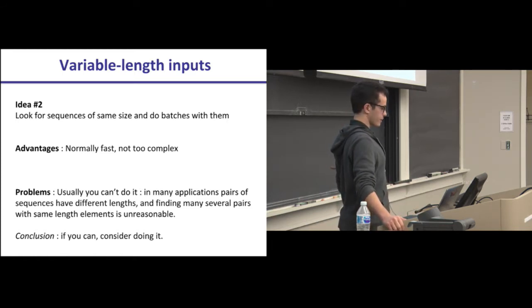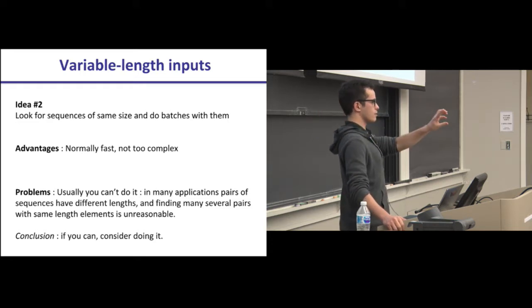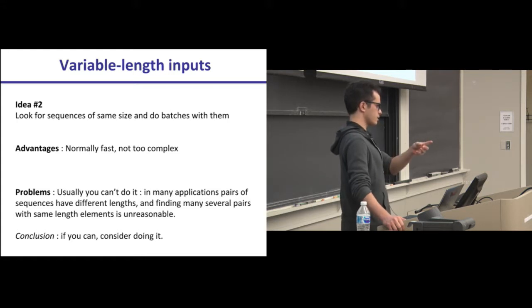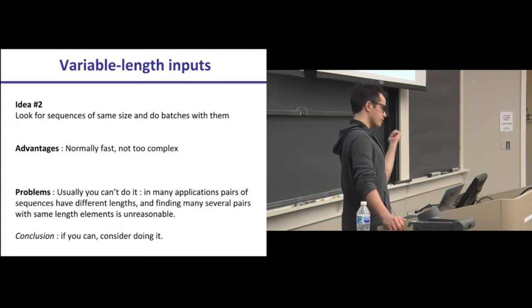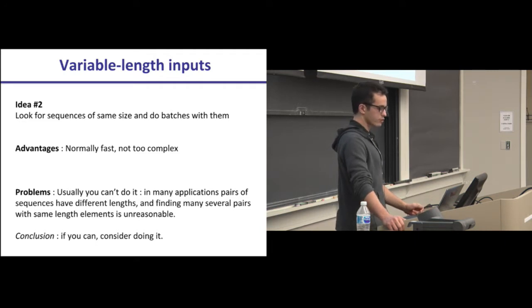The problem is if you're in one of the cases I mentioned before, where you've got input and output sequences that are not of the same size. Even if you have found inputs of the same size, you have no guarantee that the labels will be sequences of the same size either, so you end up with the same problem. When you can do it, it's a good idea, but in many applications you cannot just rely on that.